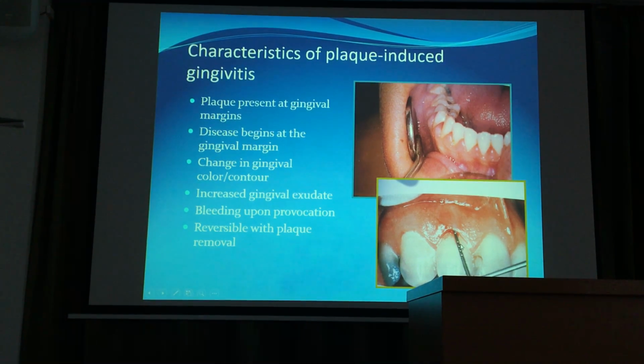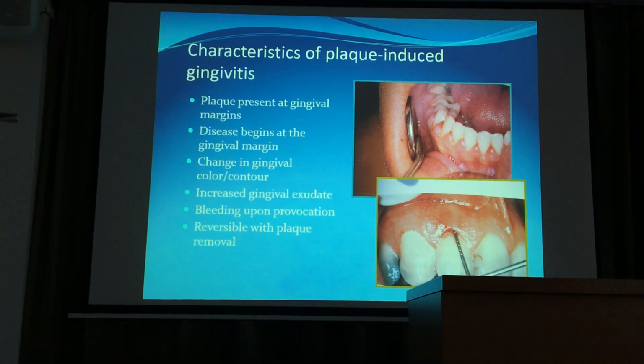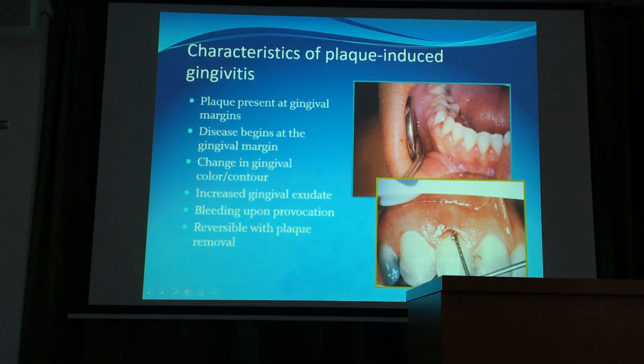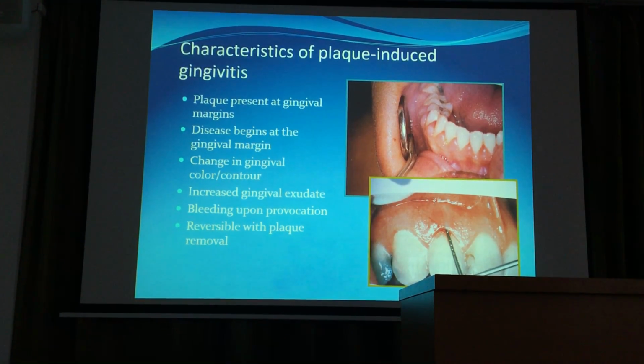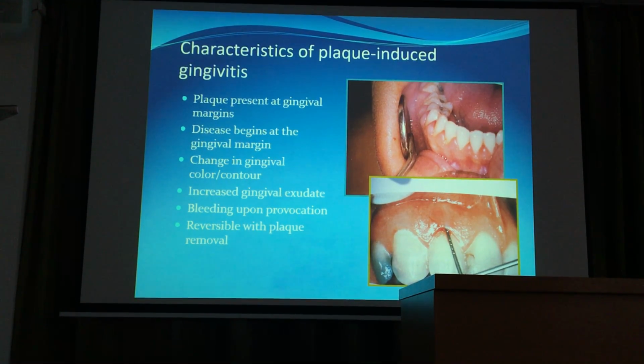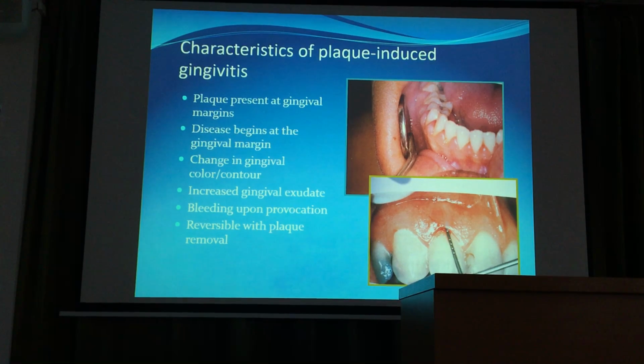Of course, there's no pocket in gingivitis, but we see bleeding because in a microscopic examination we can see so many small ulcers in the gingival sulcus, and if we touch it, it can bleed very easily.